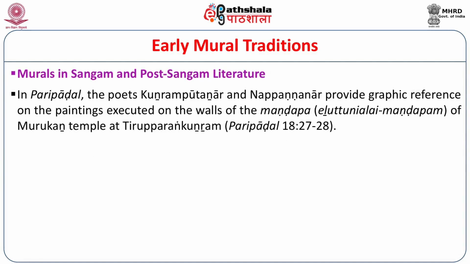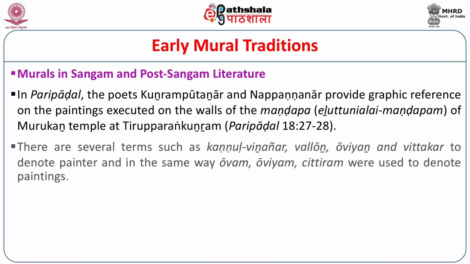The poets Kundram Bodhanar and Nappannanar provide graphic references to the paintings executed on the walls of the mandapa, what they popularly call Eluthu Nilai Mandapam. Here, Eluthu stands for painting, in a Murugan temple at Tirupparankundram, where we have a beautiful rock-cut cave.